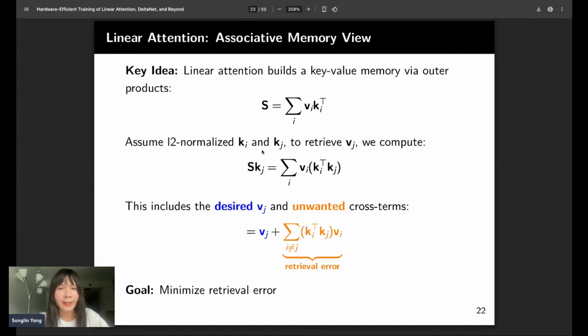If we use a key to retrieve the output from this recurrent memory, we use this memory readout operation. And because this k_j is associated with the value at the j-th time step, ideally we want to retrieve v_j from this recurrent memory.